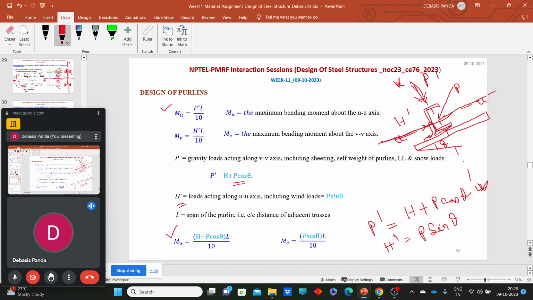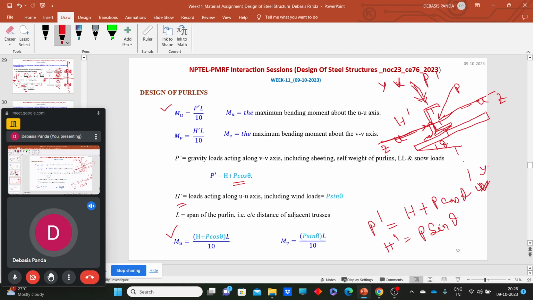Don't fall into the confusion trap of VV and UU. Just consider this is the ZZ axis of the main member, and this is the YY axis of the main member, and just stick to it.